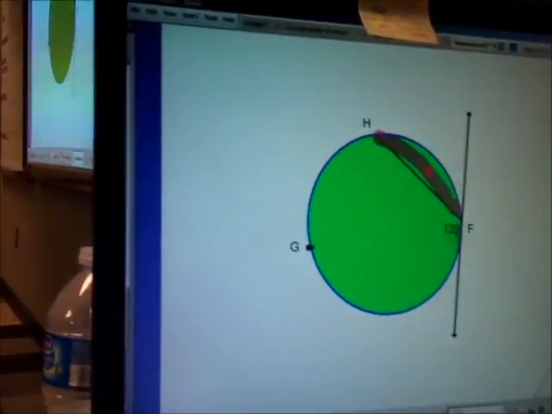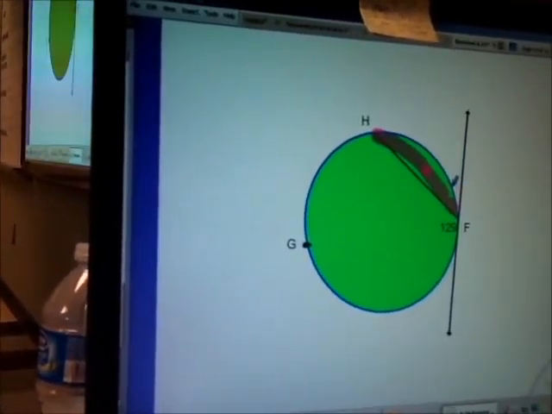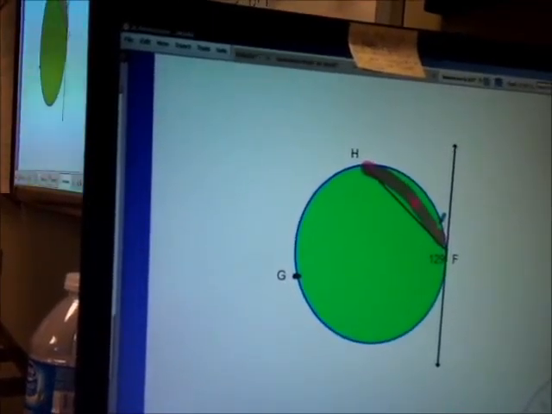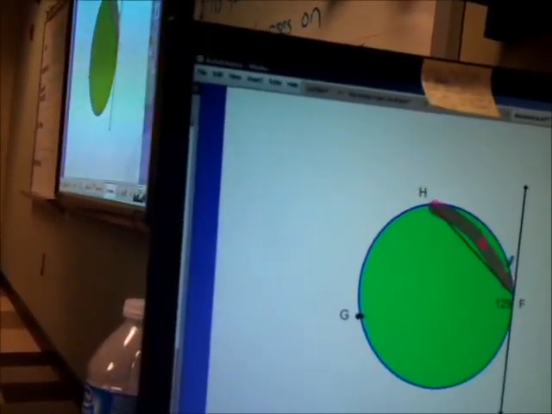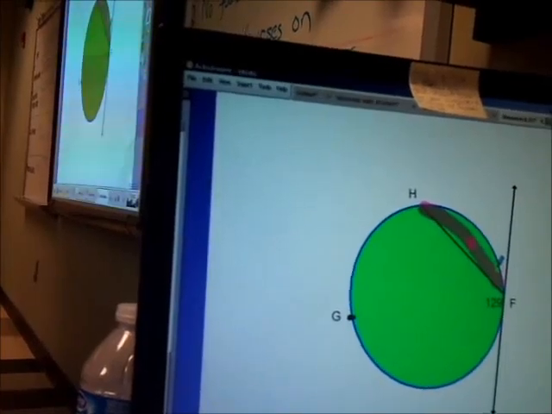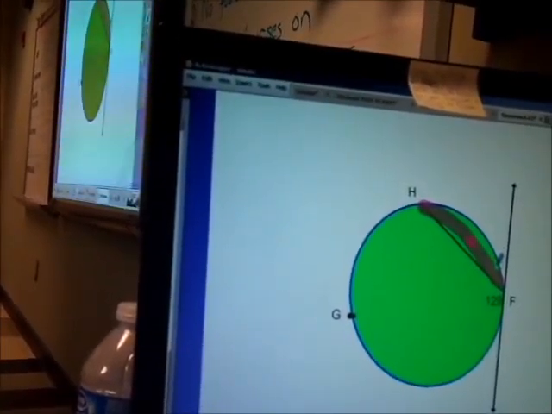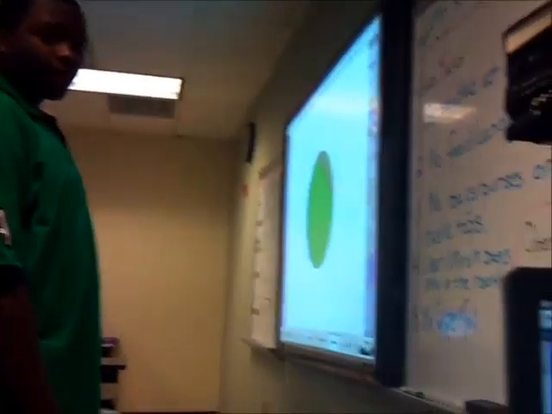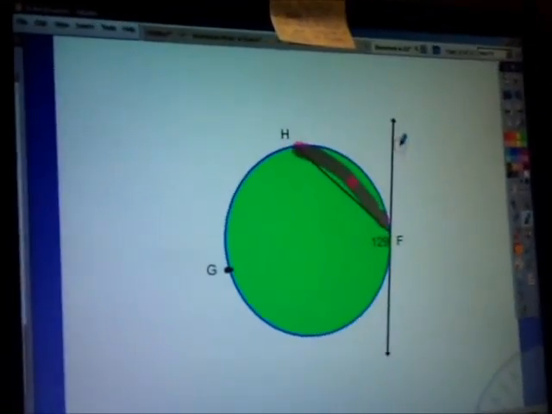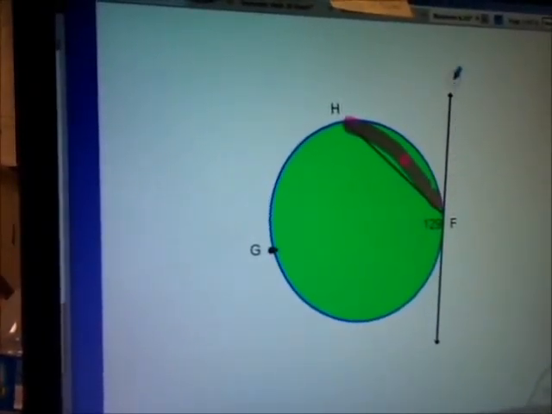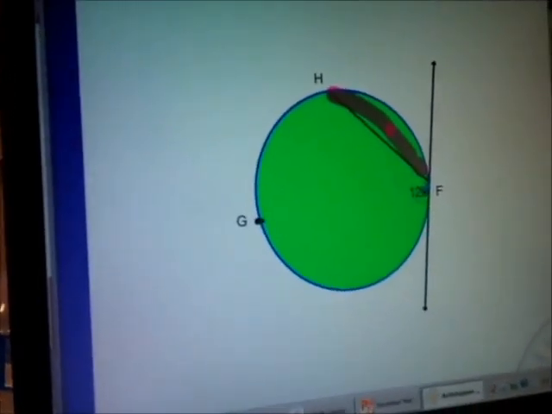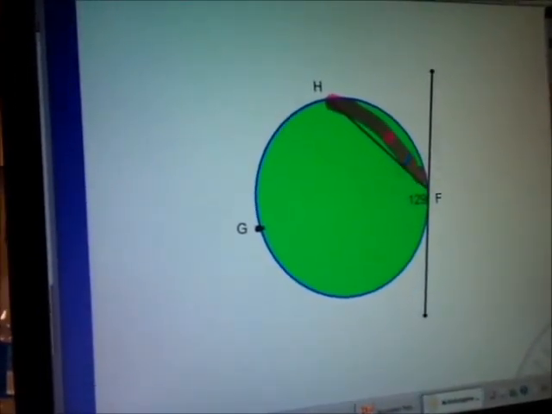So, again, if this is 129 degrees, how can I figure out what this angle is? Well, you just told me that there's 180 degrees in a straight line. This is a straight line. And so I know that this part is 129. So if all of this has to be 180.